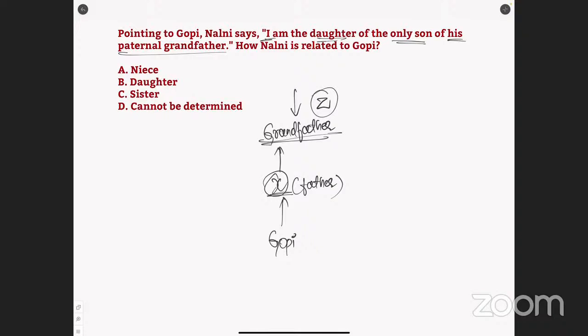So X is the only son of Z. Now this X has one son and one daughter. Son we have already established is Gopi, and the daughter would be none other than Nalini herself.